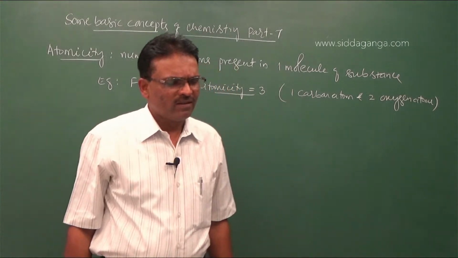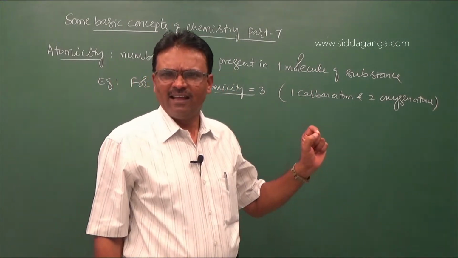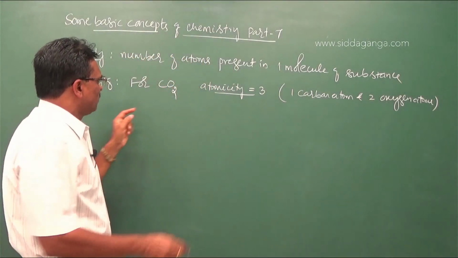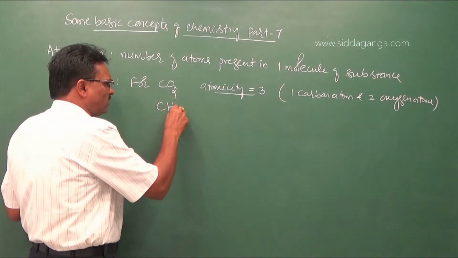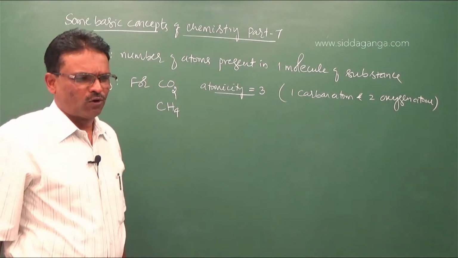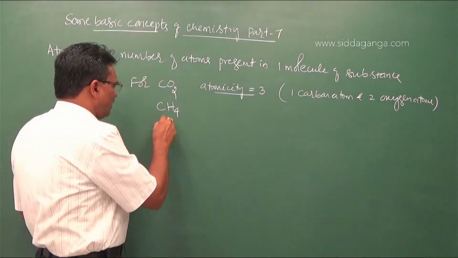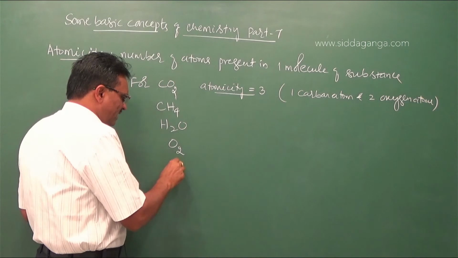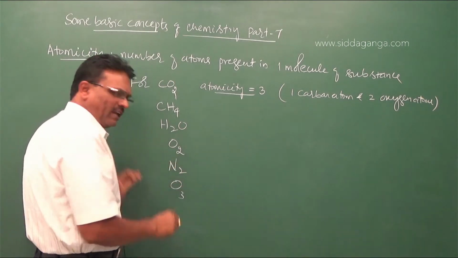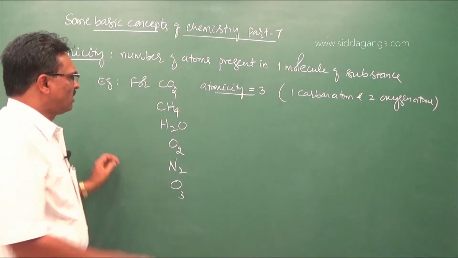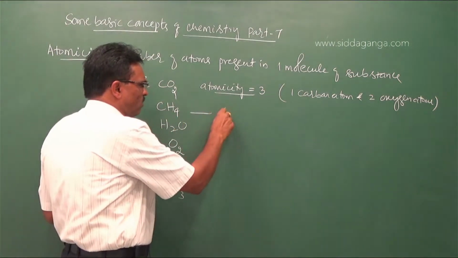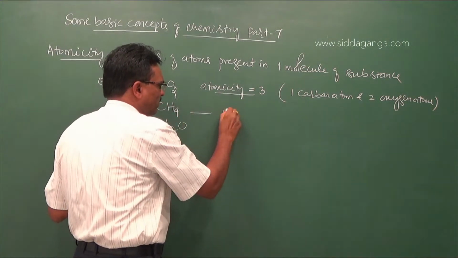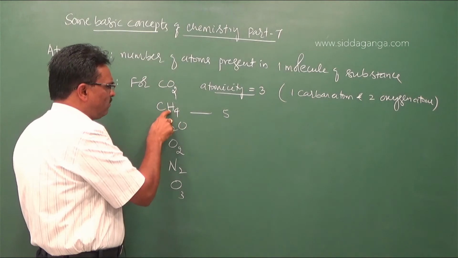Clear? So for CH4, what is the atomicity of CH4? And for H2O, O2, N2, O3. So atomicity of CH4 is 5: 1 carbon, 4 hydrogen atoms.